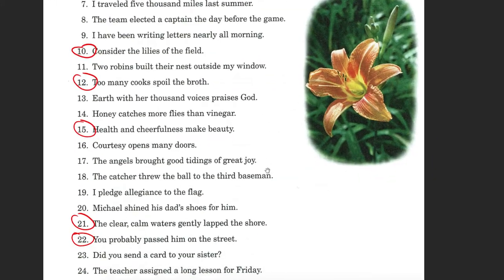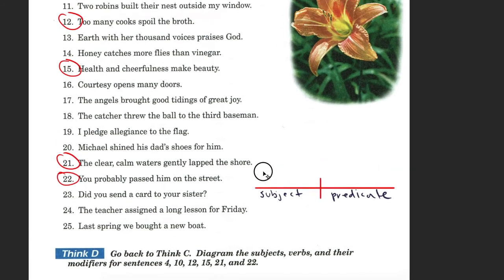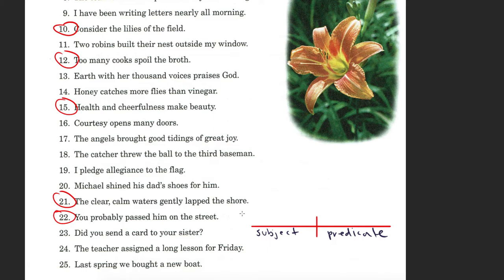Let's diagram one of these sentences. Let's do number 4 together. Remember, when you diagram sentences, your subject goes on one end, and the predicate goes on the other side. So what's the subject in my sentence for number 4?